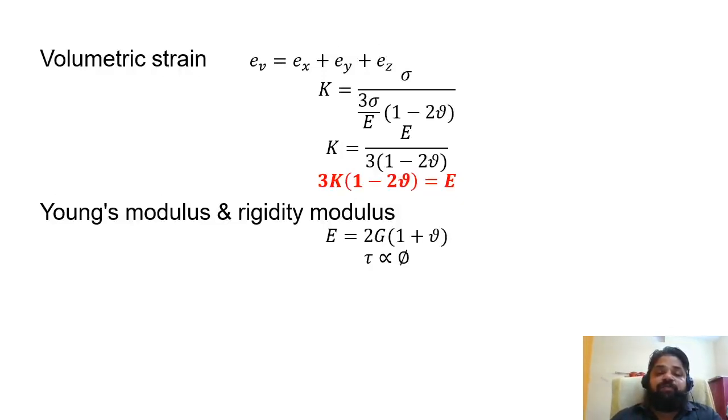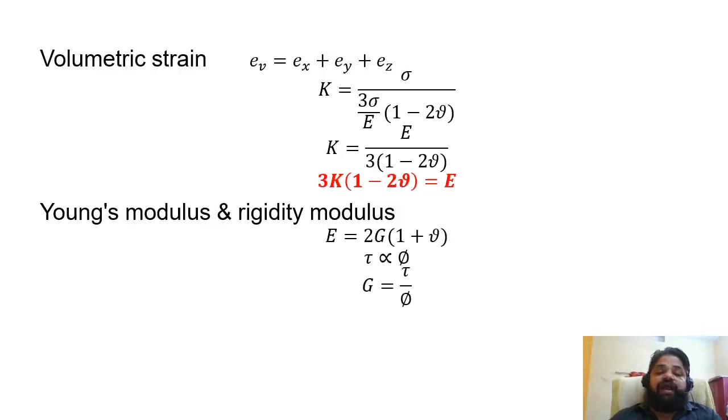Tau is directly proportional to either phi or psi or gamma. The shear strain can be represented in various forms, and most of the books follow either gamma, or some of the books follow phi. So now if tau is directly proportional to phi, the shear stress is directly proportional to phi.